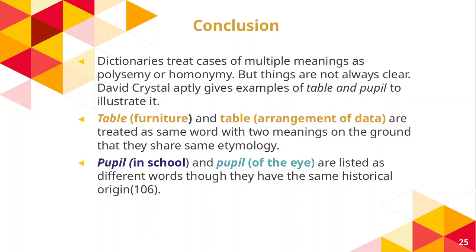But they are treated as the same word having two meanings because they share the same etymology. Now, pupil, that is another word for a student in a school, and pupil of the eye, they are regarded as different words, although their historical origin is the same.